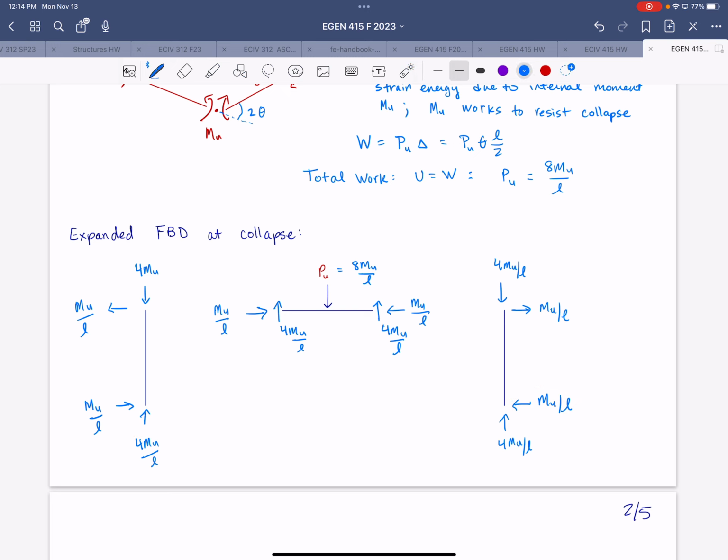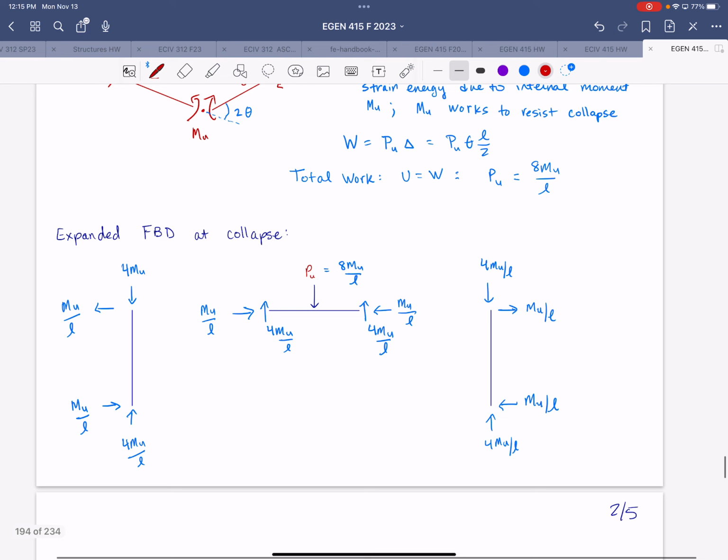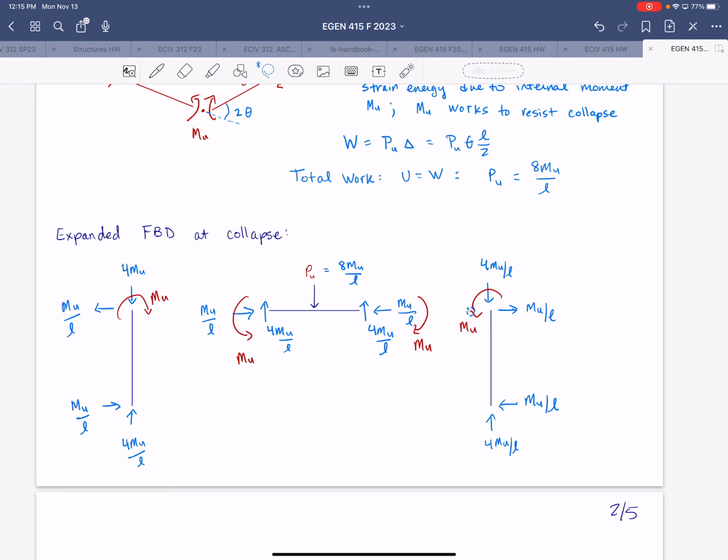We also have end moments at the rigid joints, and we know that's going to be MU. And those are the directions that MU will act on each member.